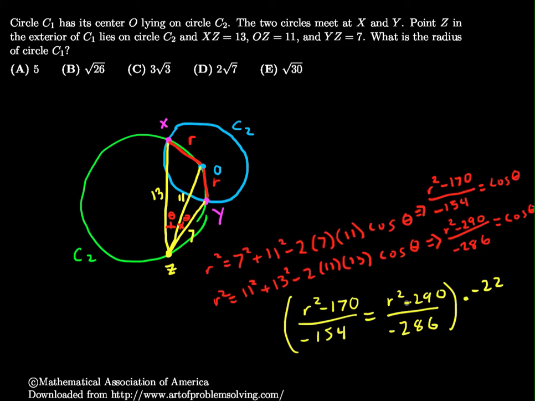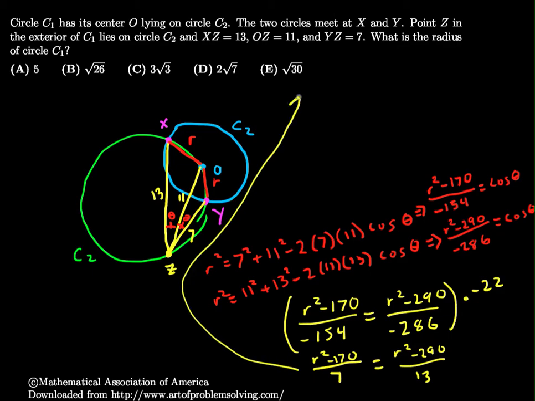Negative 22 goes into negative 154 7 times, so I get R squared minus 170 over 7. Negative 22 goes into negative 286 13 times. So R squared minus 290 over 13. I'm running out of room, so I'm going to bring this all the way up here so I have a little bit of room.